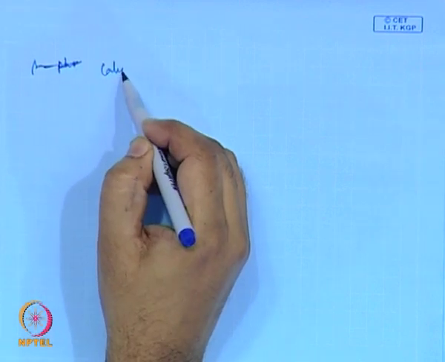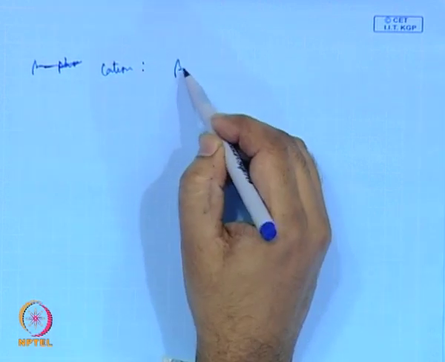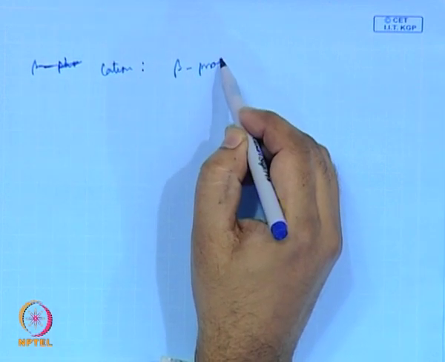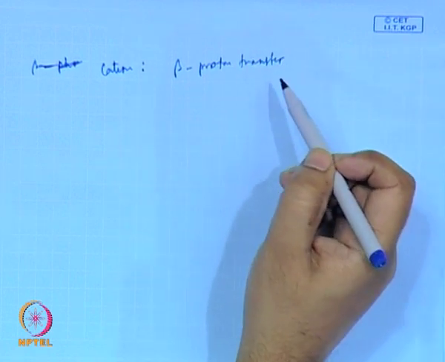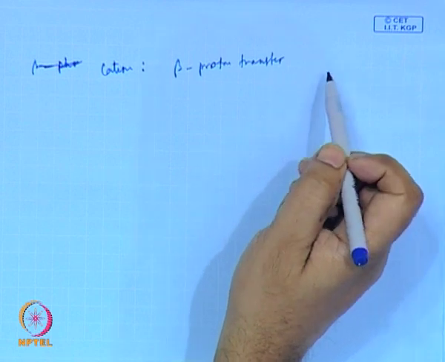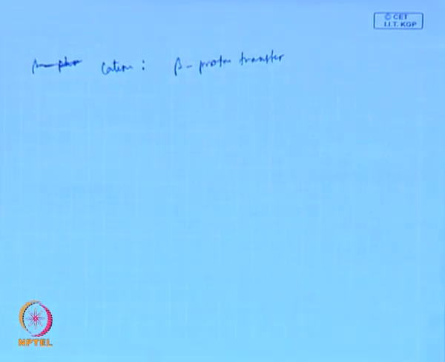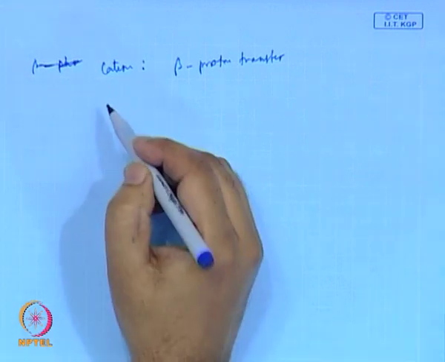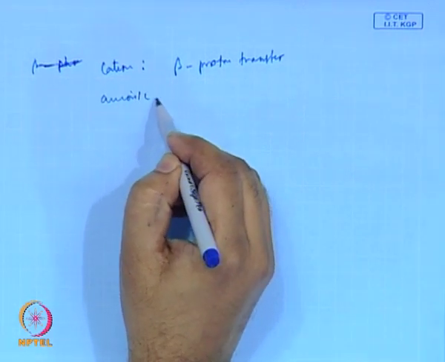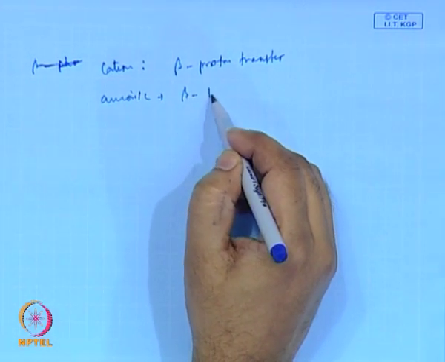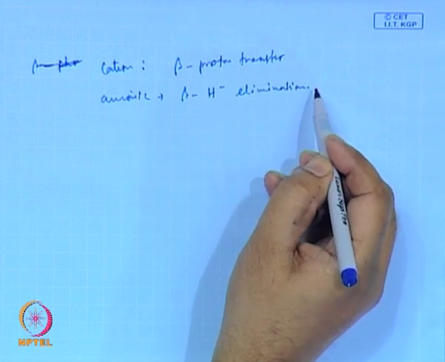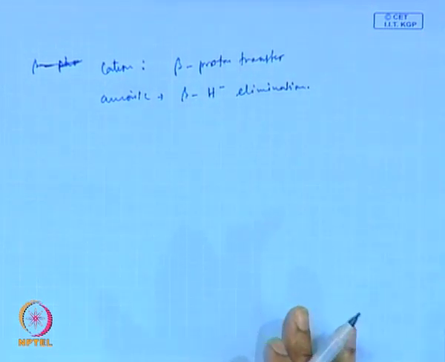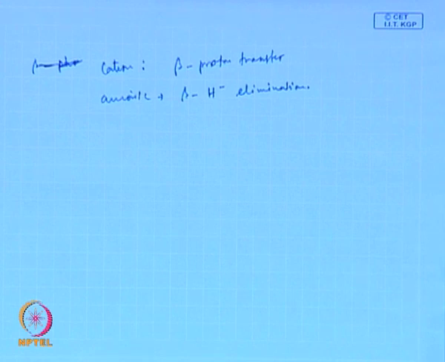In case of cationic, we have seen very facile beta proton transfer or elimination reactions happening, whereas in case of anionic polymerization you require beta hydride elimination for those transfer reactions with monomer, solvent and counterion to happen.